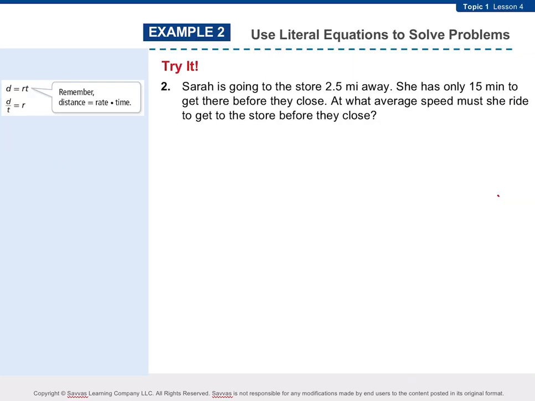In example 2, we're going to do that same thing, but now we're going to use it to solve a problem. The formula we're going to use is the one I mentioned before, D equals RT. But now we're going to calculate for R. We want an equation for R, which is rate. Distance equals rate times time.